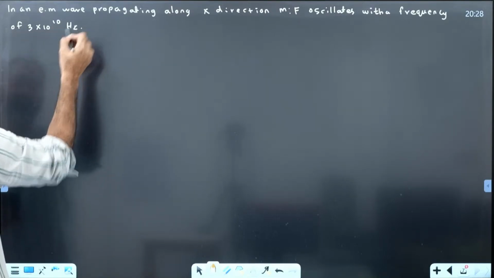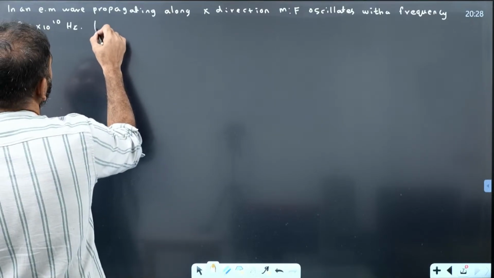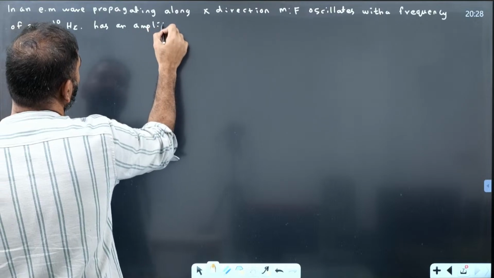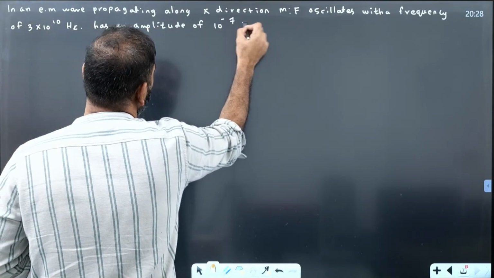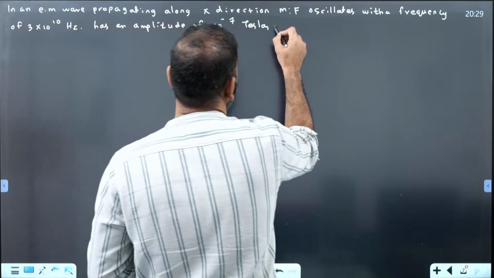What is the frequency? 3 into 10 raised to 10 hertz. Has an amplitude of 10 raised to minus 7 Tesla. What is amplitude? 10 raised to minus 7 Tesla. Acting along y direction.